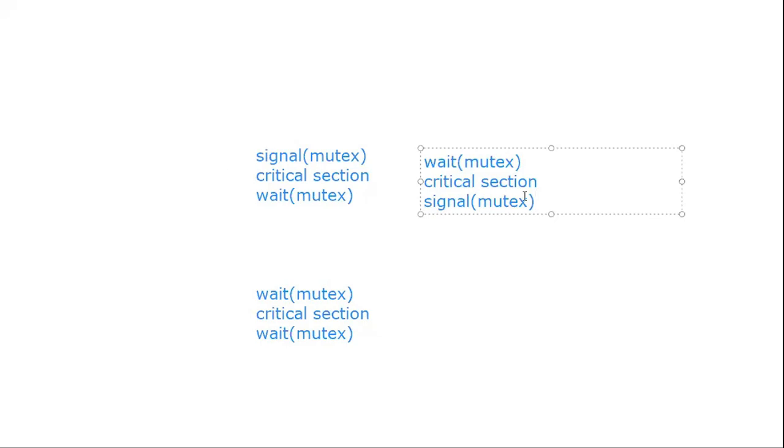Normally we discuss the semaphore using two operations, the wait operation and the signal operation. Here if the mutex value is 1, it will directly enter into the critical section, because when the wait operation is called, the value is decremented.